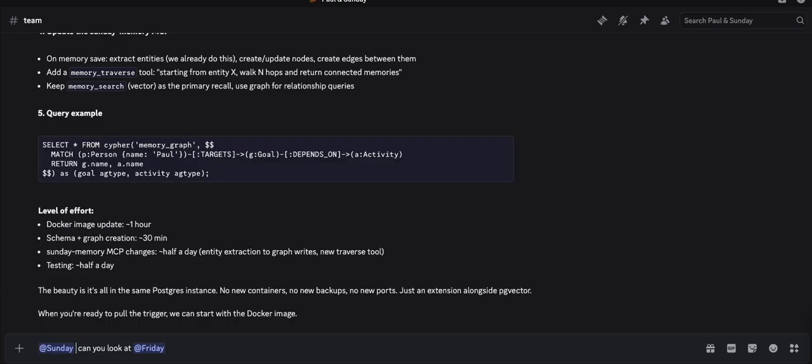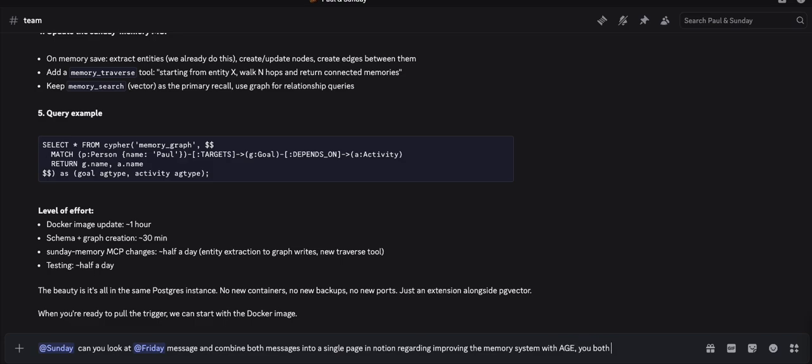At Sunday, look at Friday's message and combine both messages into a single page in Notion regarding improving the memory system with AGE.